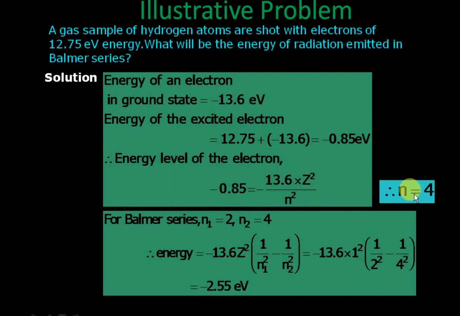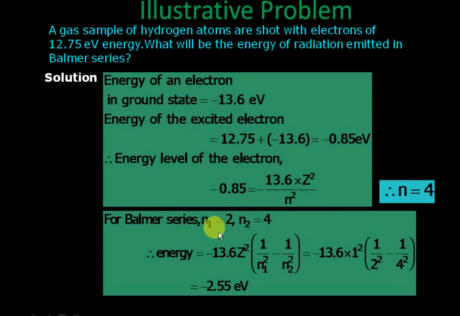That is, the excited energy level is n equal to 4. So by supplying 12.75 electron volt energy, the electron is going to get to the excited state n is equal to 4. Now it is coming back to n equal to 2 for finding out the radiation emitted in Balmer series.